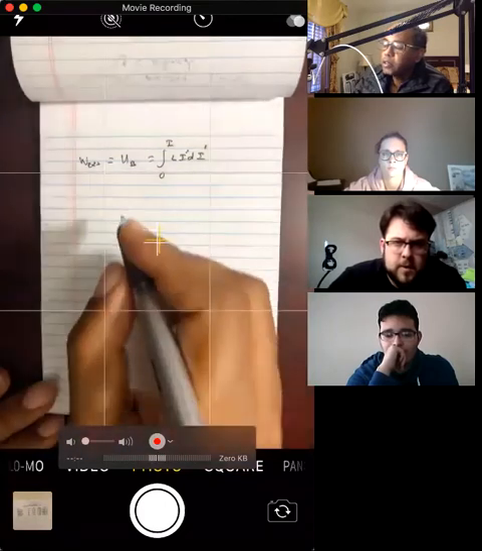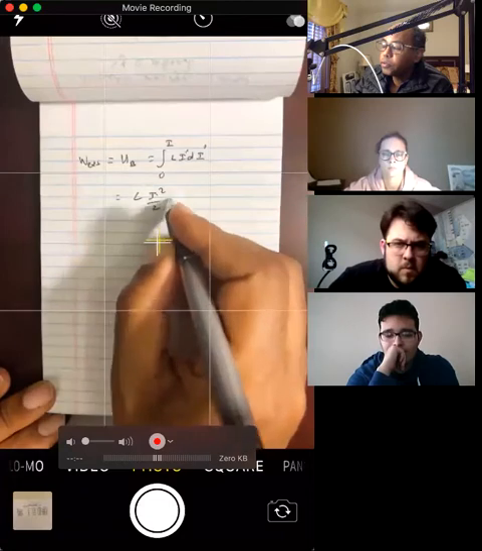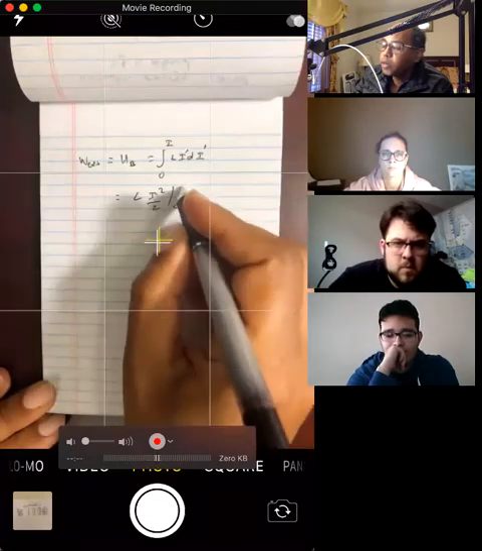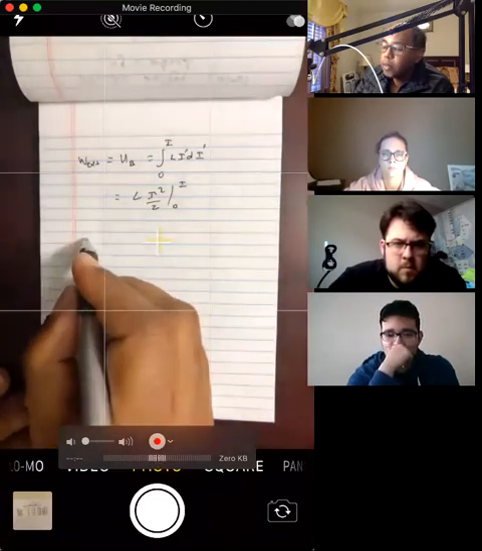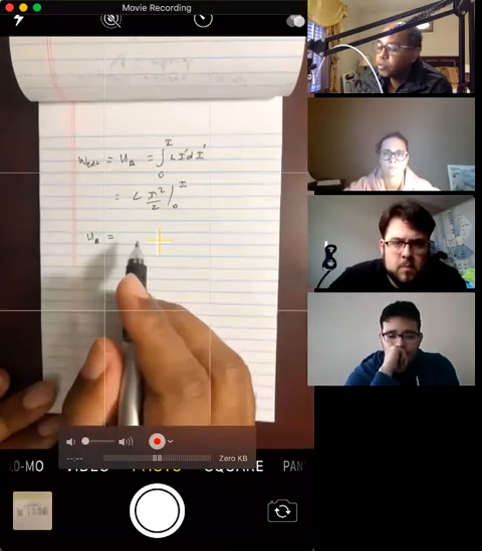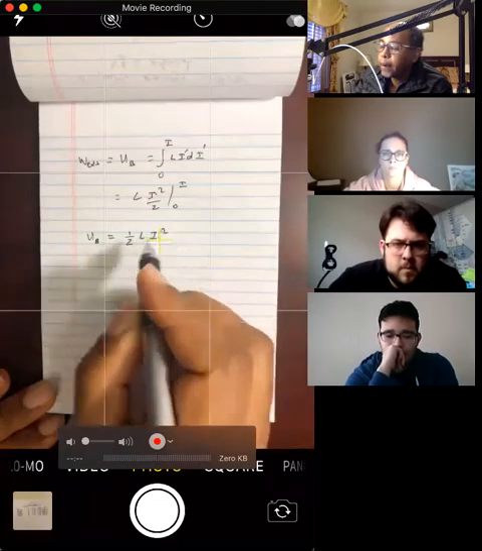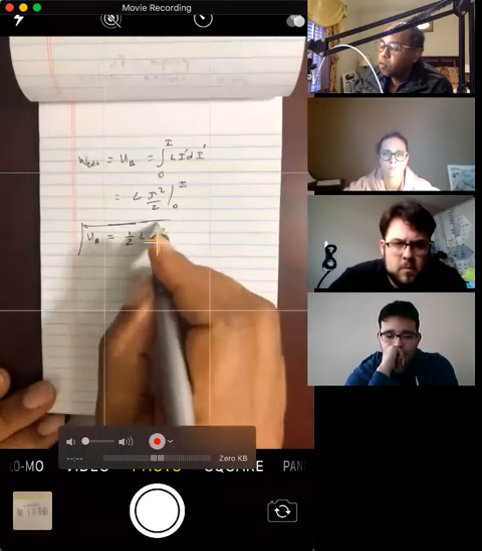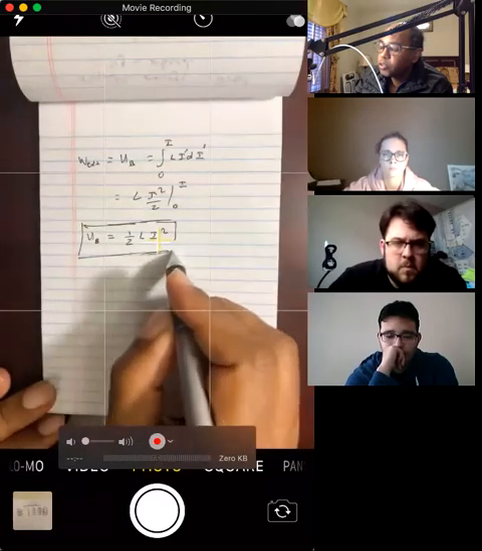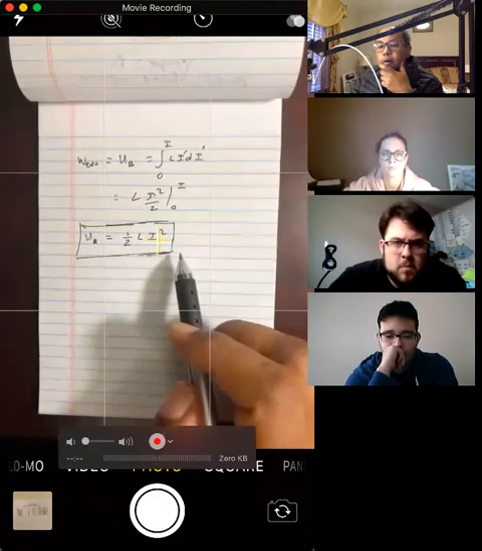Now L is a constant, so this is L I' squared over 2 going from 0 to I. So the magnetic energy stored in the inductor when the current increases from 0 to I is simply half L I squared. This is the formula for the magnetic energy stored by a solenoid when the current in the solenoid is I.